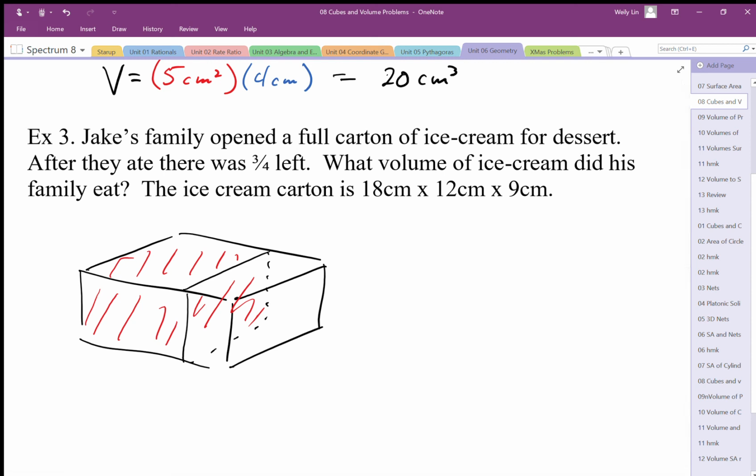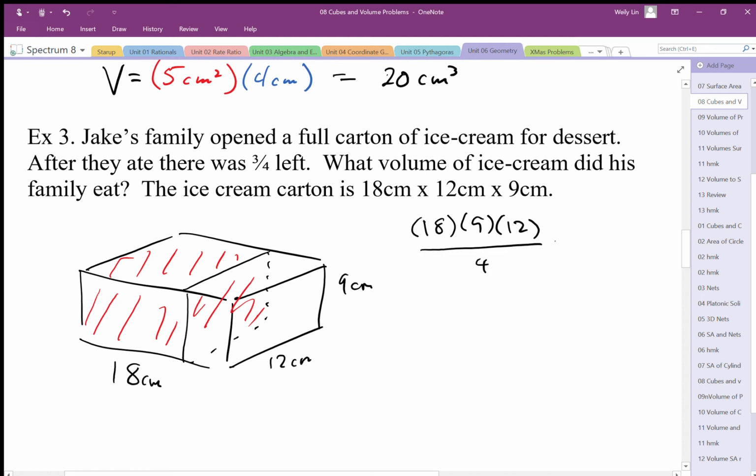Basically, first of all, the volume of this whole box is going to be 18 centimeters this way, 12 centimeters this way, 9 centimeters in this direction. So we can do the product of those, 18 times 9 times 12. That gives us the whole volume. And then we only want 1/4 of that, so we can just divide by 4.